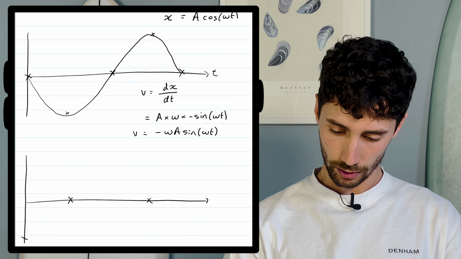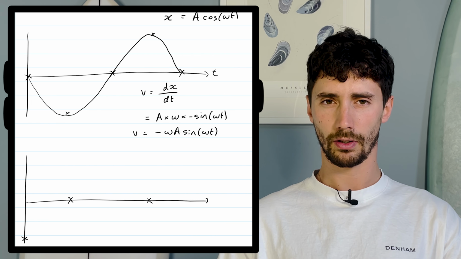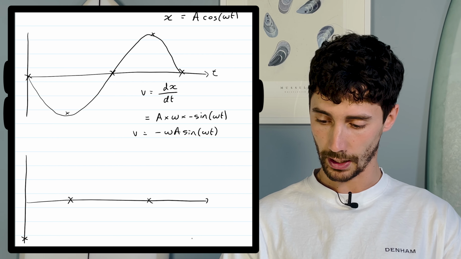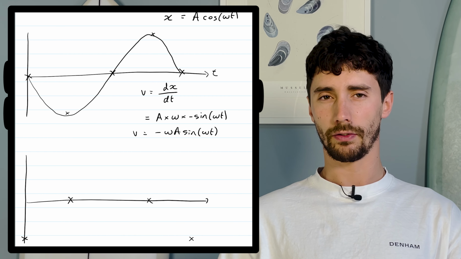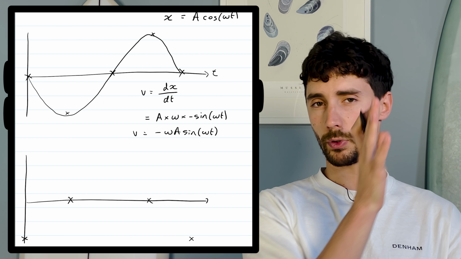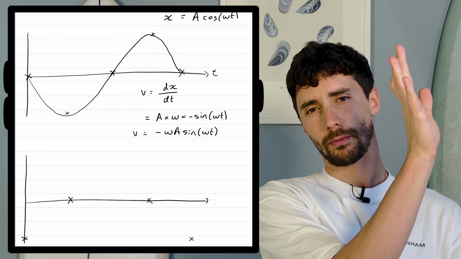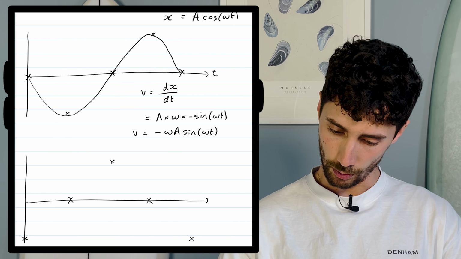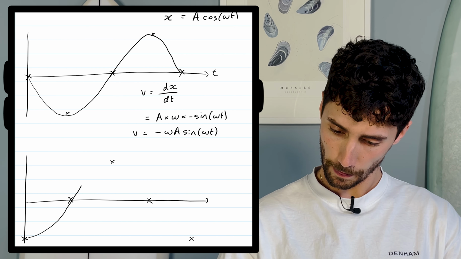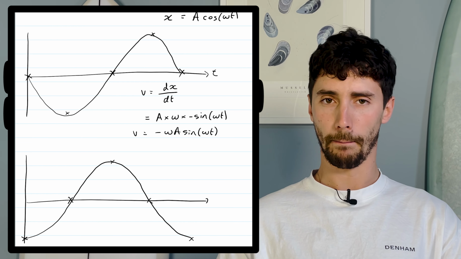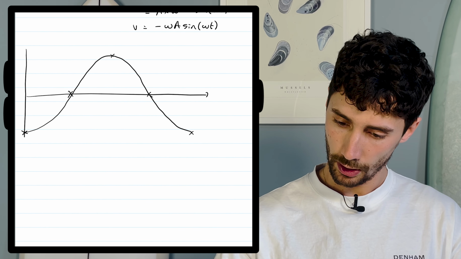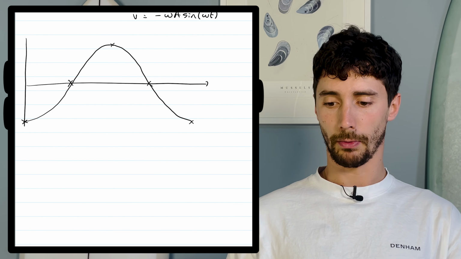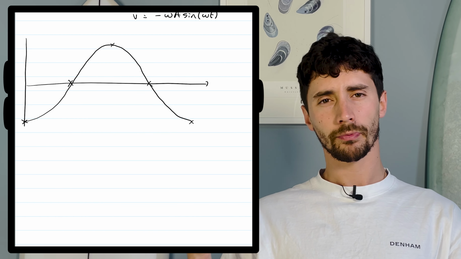So it starts with negative maximum acceleration and finishes with negative maximum acceleration, and as it moves from the negative amplitude towards equilibrium, the acceleration is a positive maximum. What graph do I have? Minus cos.